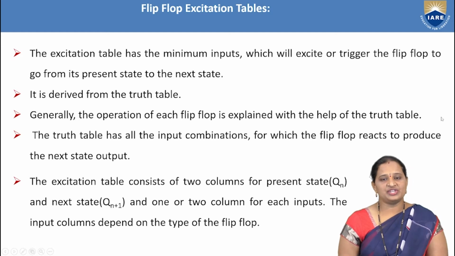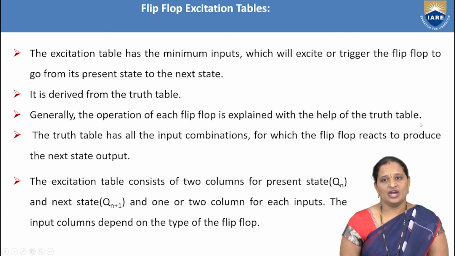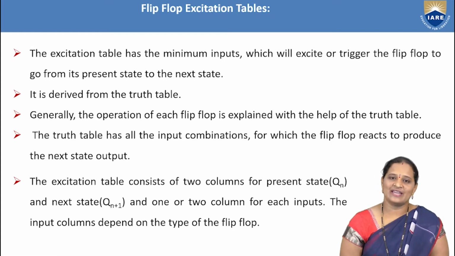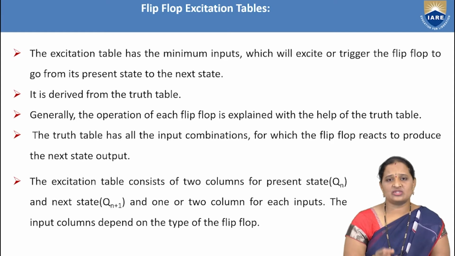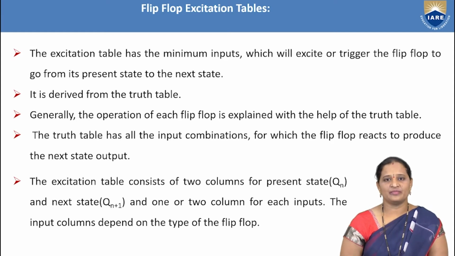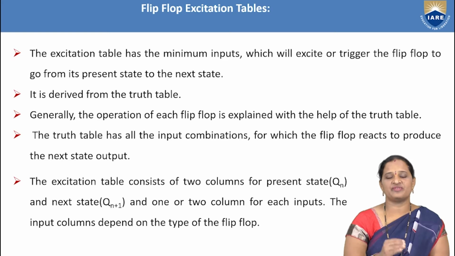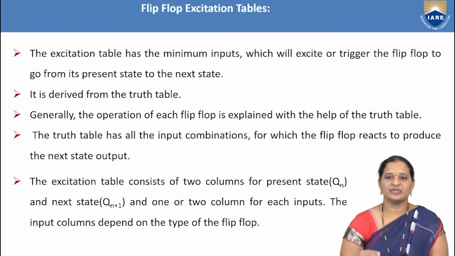Next, the excitation table consists of two columns, one for the present state and one for the next state. Based on the present state and next state, we decide the inputs, or the excitation, that are to be given to a flip-flop to achieve the transition from present state to the next state.